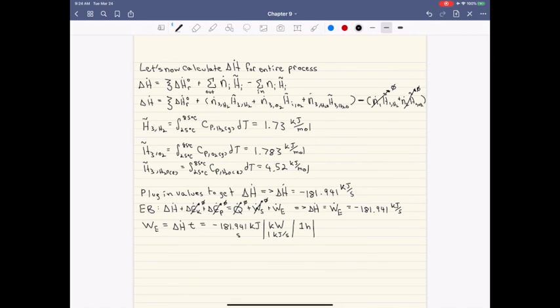And we know that a kilowatt times an hour gives us a kilowatt hour. So what we're left with is 181.941 kilowatt hours. Right? And the reason we have a negative sign there is because that energy is leaving the system and is being used elsewhere. Okay? That's how you solve problem 1.